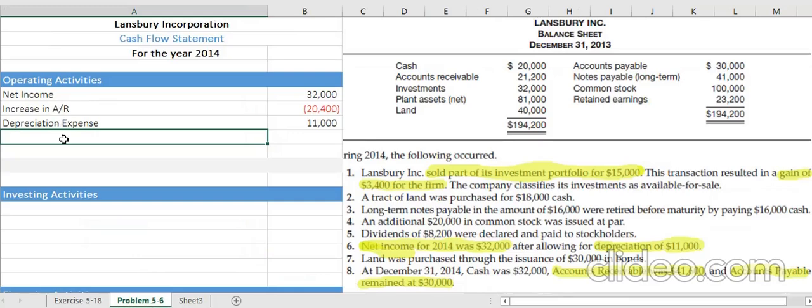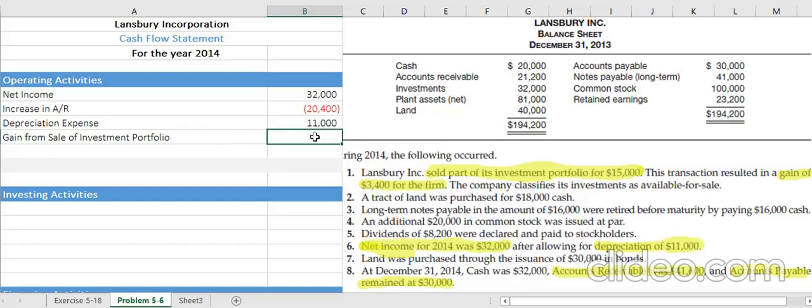So when I write here gain from sale of investment portfolio, I will write minus 3,400, not plus 3,400. The confusion could be that it is a gain, and a gain increases my money.